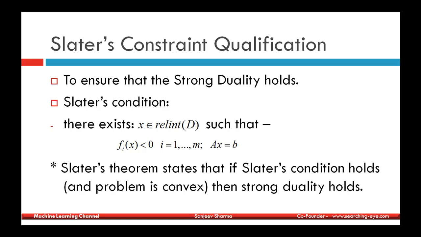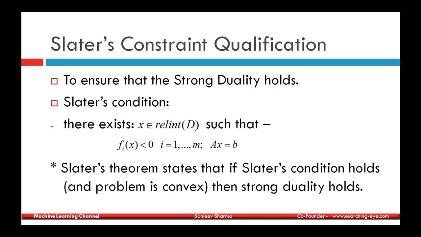So here's the Slater's condition. Suppose there is any x belonging to the relative interior of the domain D, which is the domain of the primal problem, given by the intersection of the domains of all the constraint functions, such that the non-linear constraints strictly hold, that is fi of x is less than 0 for i equal to 1 to m and Ax equal to b.